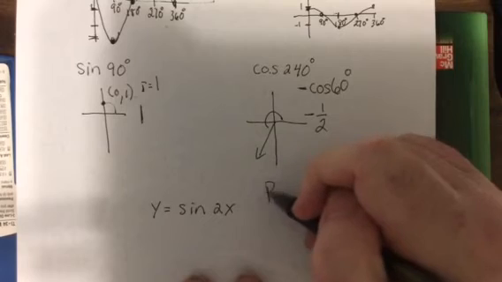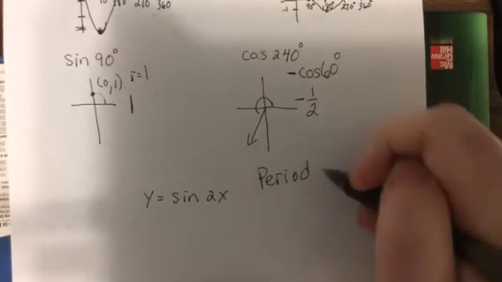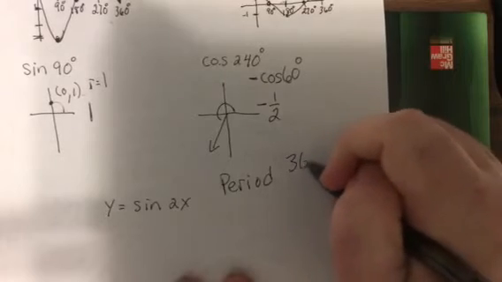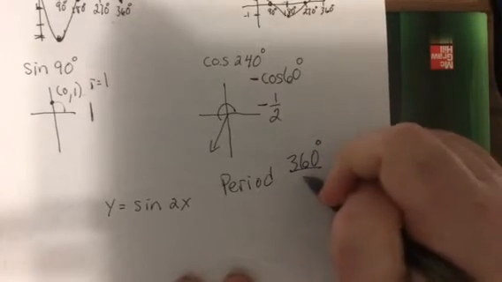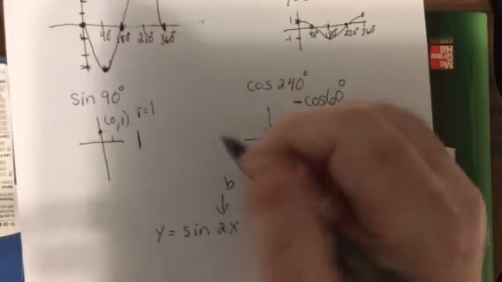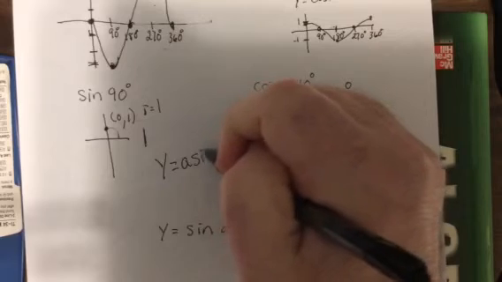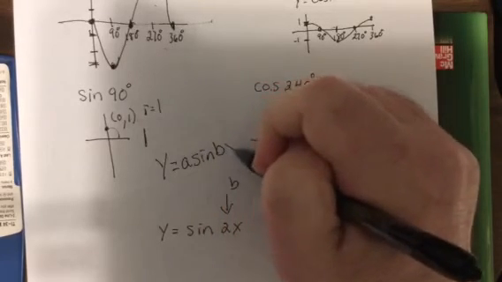So the first thing we do is we find our period. Period is the formula 360 divided by B. And this is B. So now our general formula is y equals A sine BX.